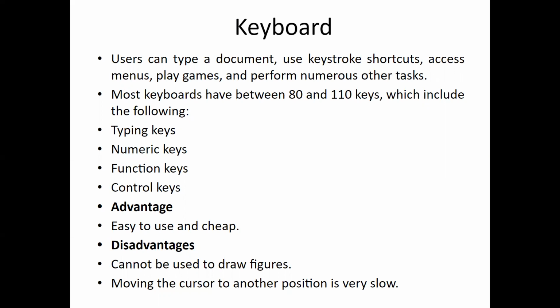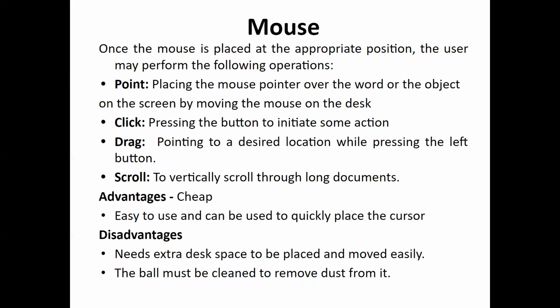So moving to another input device, that is the mouse. What is actually a mouse? A mouse is an input device that allows you to control the coordinates and movement of the on-screen cursor or pointer by simply moving the mouse across a flat surface with your hand.